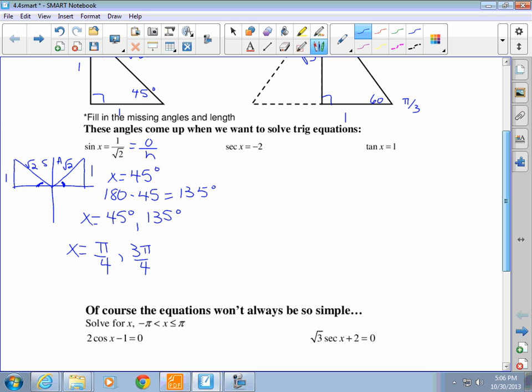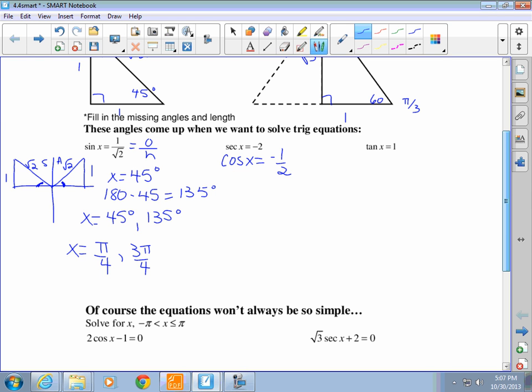So secant x is equal to negative 2. Secant x, of course, is a reciprocal function, and that is the reciprocal of cos. So this really means cos of x would equal negative 1 over 2.